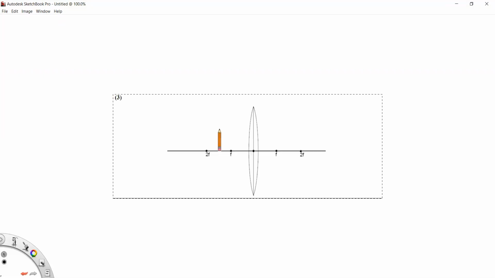Okay, so this is case 3. In this case, the object is placed where?